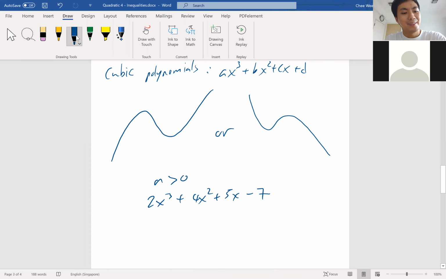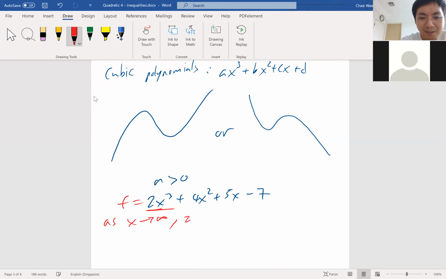How does it work then? That's what my teacher said. Okay, so the argument should be like this. As x goes to infinity, let's call this f then, this guy will be the most dominant term, right? So therefore, 2x cubed is positive and f is positive.